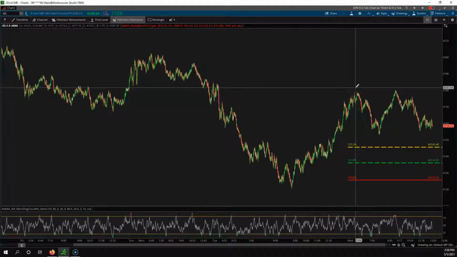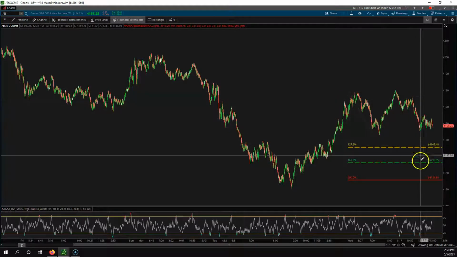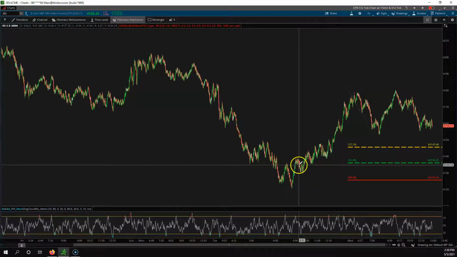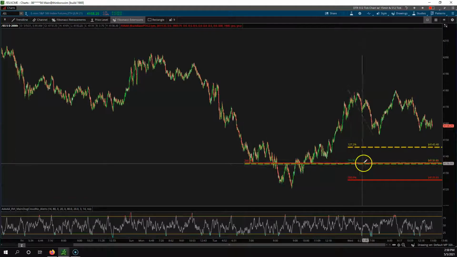Again, this video hopefully shows you how to use Fibonacci's with the pullback trades in a different way. Me personally, I would probably wait to be a buyer. Maybe look to get long right here at the 61.8 level.